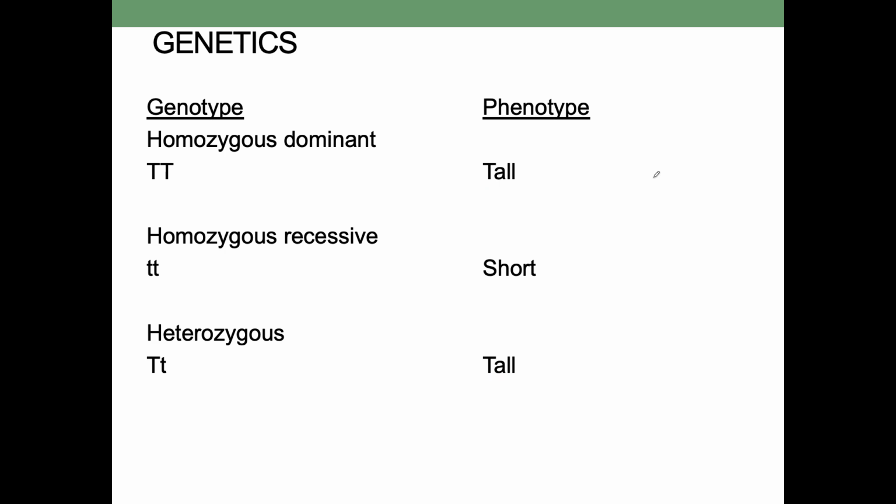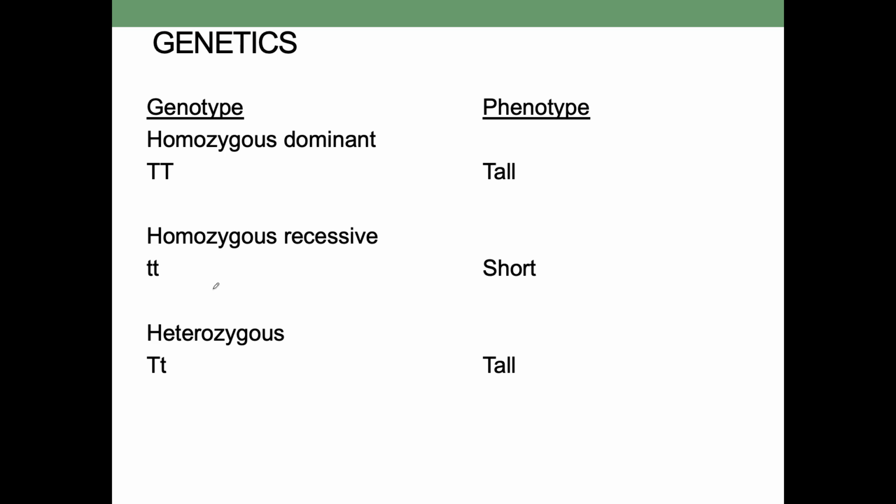The only way that the short phenotype is expressed is if the individual inherits two lowercase alleles, two short alleles.